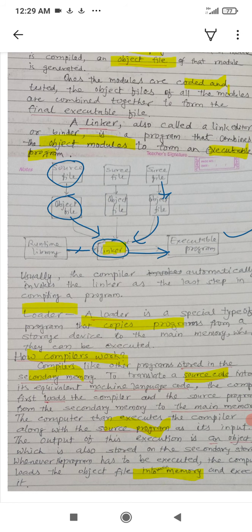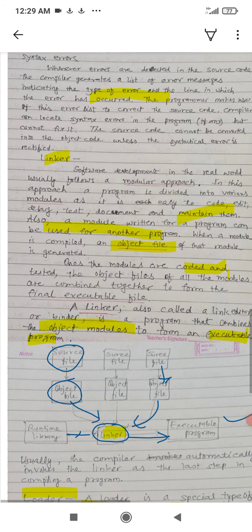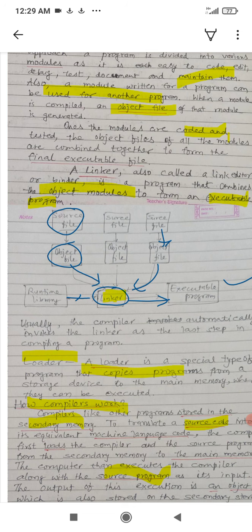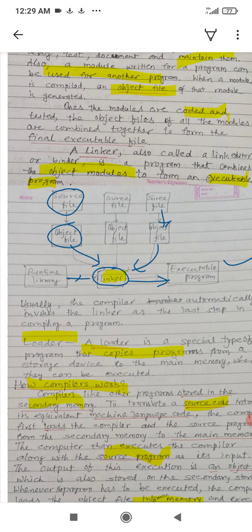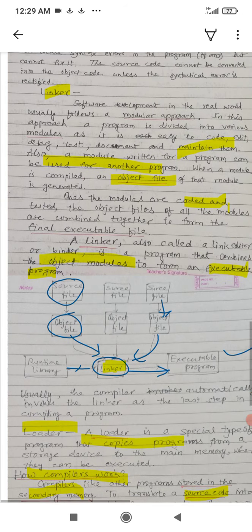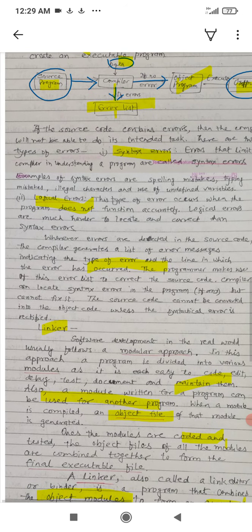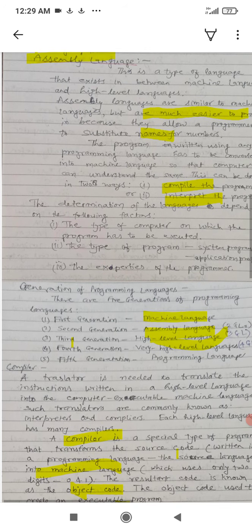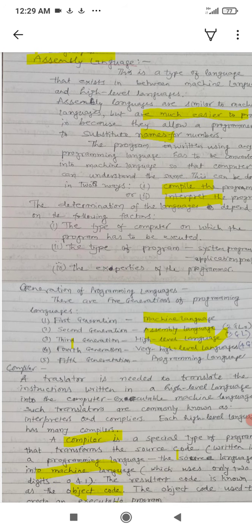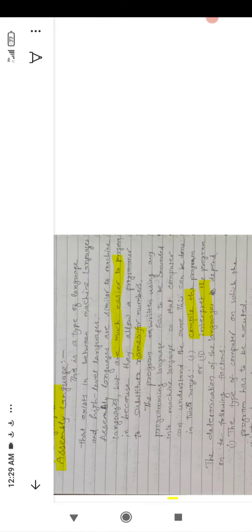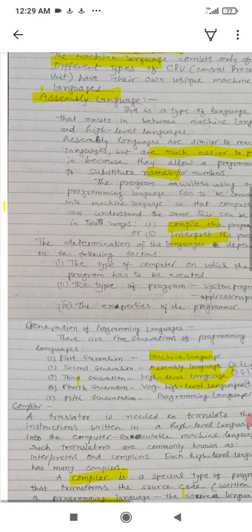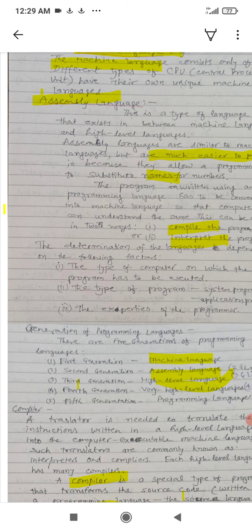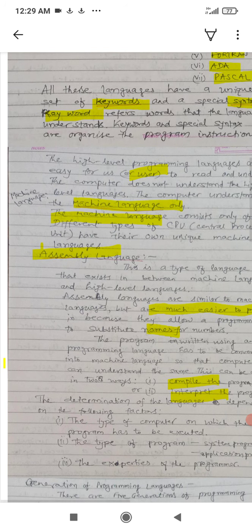So friends, this is our today's lesson, in which we have discussed loader, linker, what is compiler, and what are the high level languages or generations of computer languages, and what is assembly language.